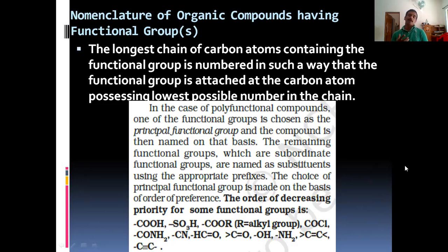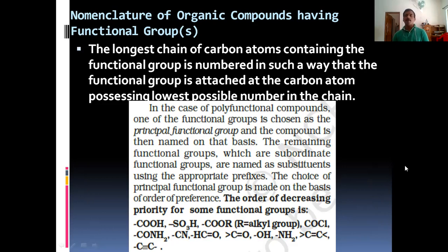Suppose in a compound there are two or more different types of functional groups. Polyfunctional organic compounds. In such cases, we have to select a principal functional group, and the compound will be named based on that principal functional group.